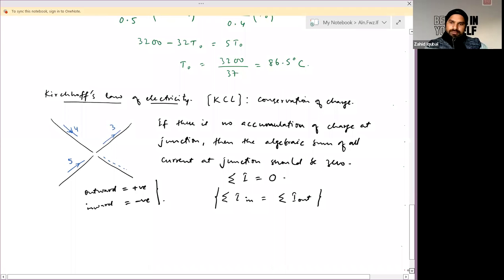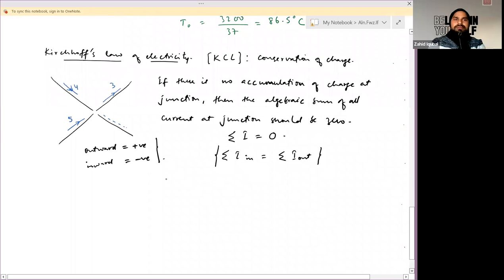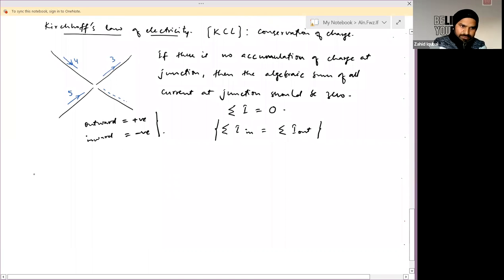Related to this concept, you'll be asked another question. Suppose we have a rod, this, another rod, this, and another rod, this.